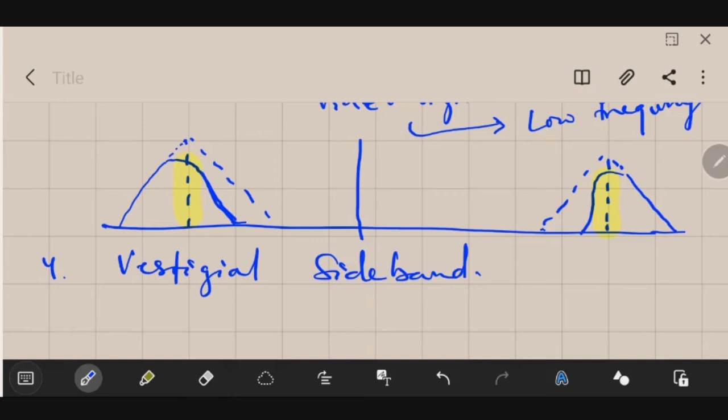These are the different types of amplitude modulation. I hope you have understood the different types. One by one we will again discuss double sideband, which has a whole section dedicated to it, then single sideband and vestigial sideband.